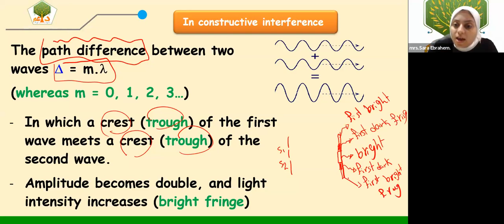And then second dark, second bright. The center fringe is always bright, because the path difference is zero. That's the difference between the light waves coming from slit 1 and slit 2.